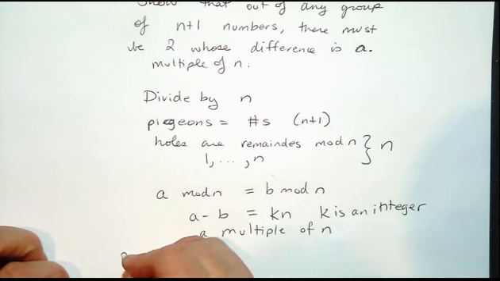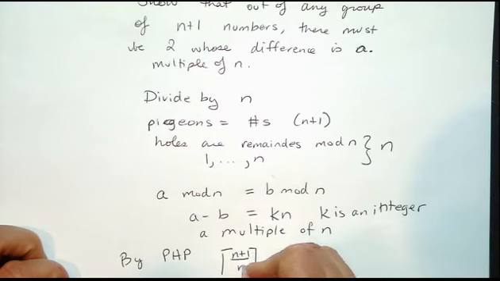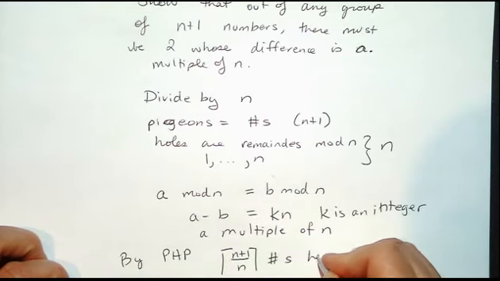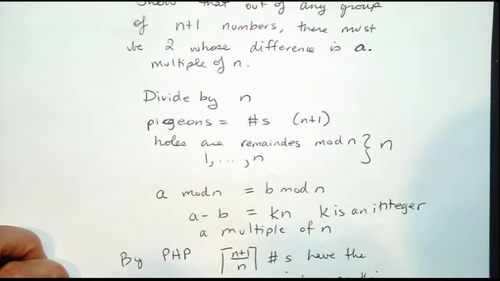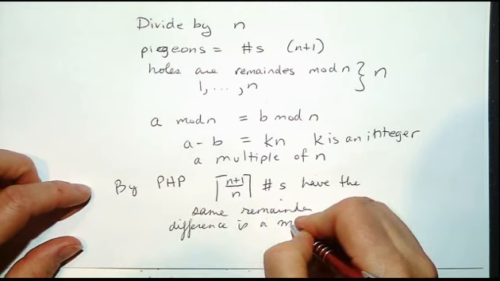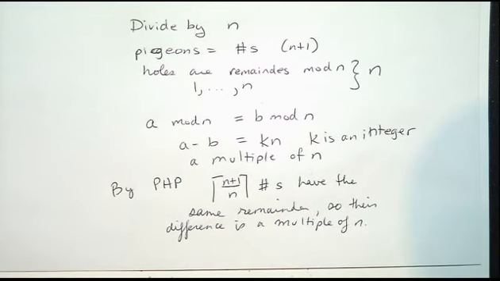So now by the pigeonhole principle, n plus 1, that's the number of pigeons, divided by n, which is the number of holes, which is remainders mod n. They have the same remainder mod n, so therefore they have a difference that is a multiple of n.